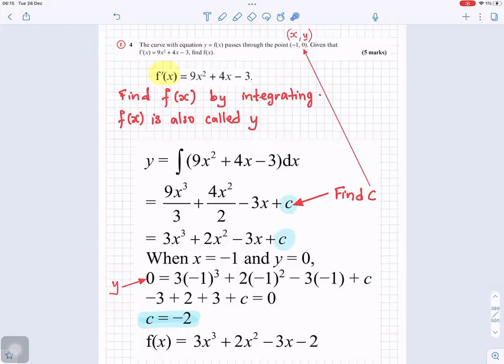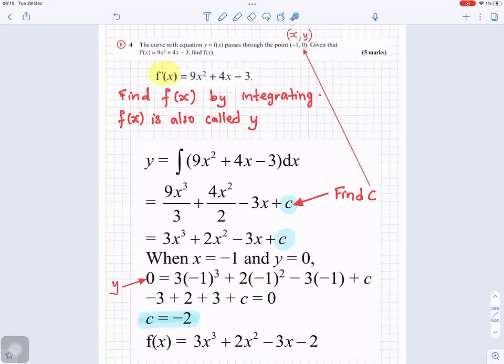So you get 3 times minus 1 cubed plus 2 times minus 1 squared minus 3 times minus 1 plus c. This would give you minus 3 plus 2 plus 3 plus c equals 0. Minus 3 plus 3 is 0. So 2 plus c equals 0. That means c is minus 2.